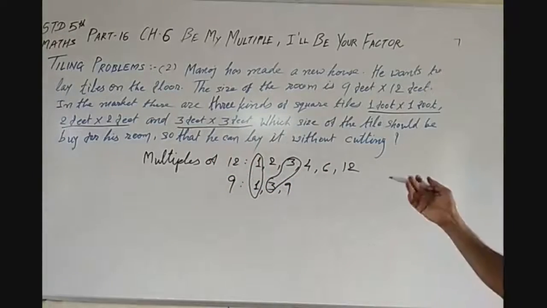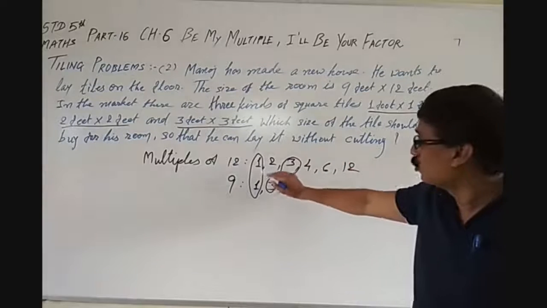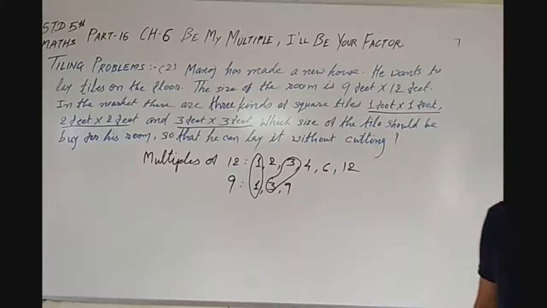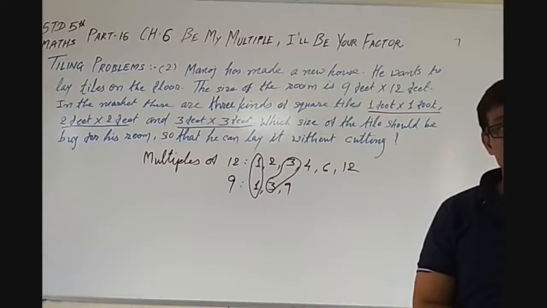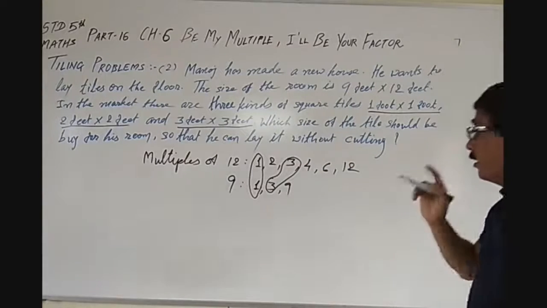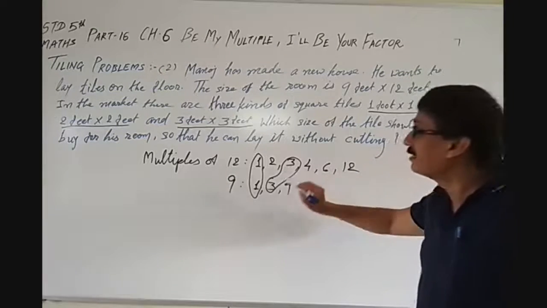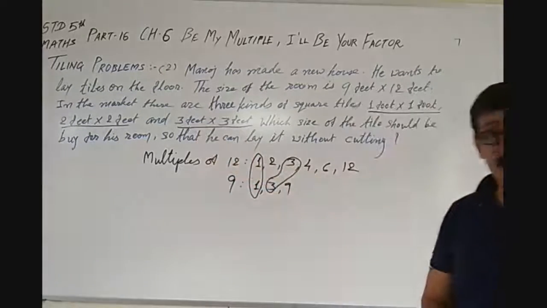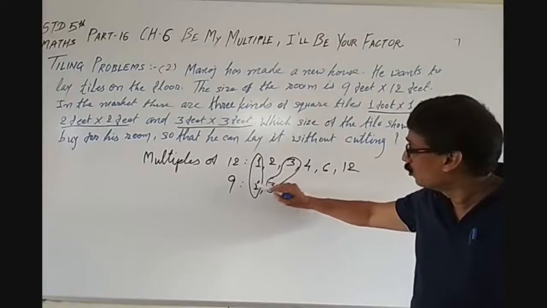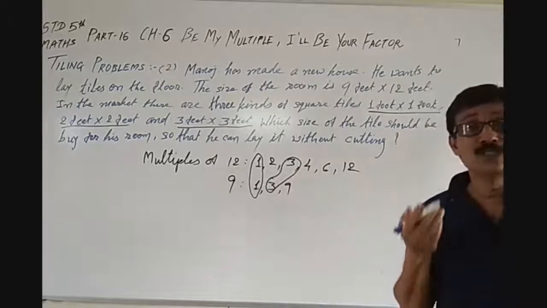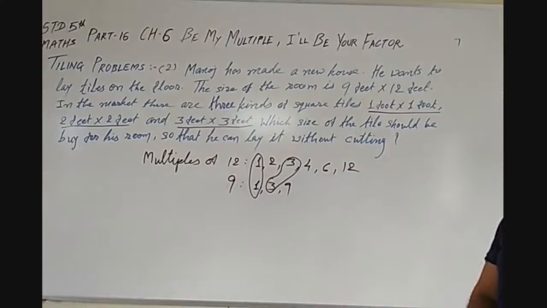Now can you find 2 by 2 in this one? You found 1 by 1, isn't it? Why? Because 1 is common multiple to both. Okay, you can see 3 by 3 is there. But have you seen 2 by 2? In 9, 2 is not a multiple, isn't it?